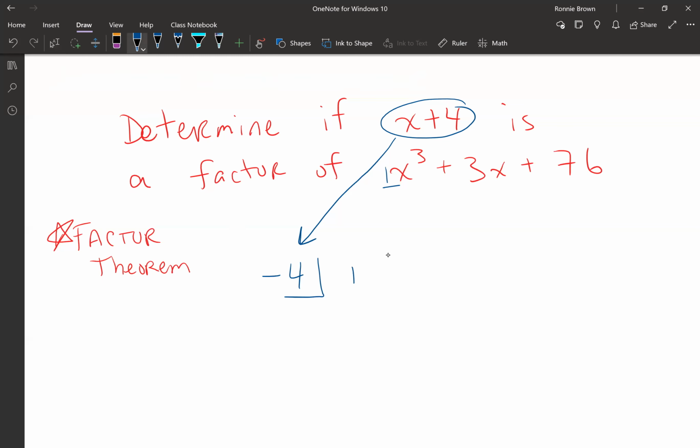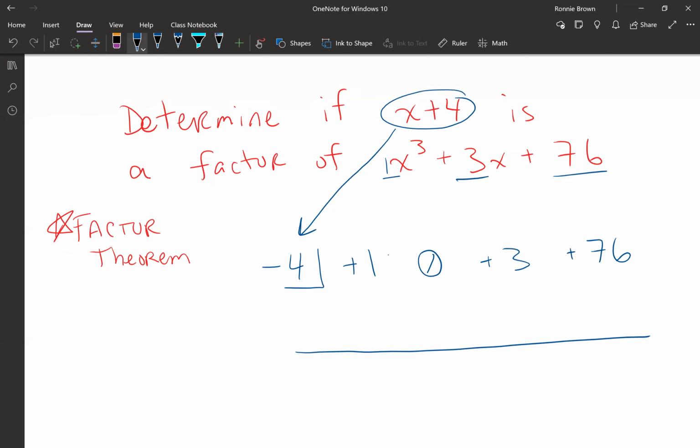Well, we know there's an invisible 1 there. I don't see an x to the second term, so I have to use a placeholder of 0. I do see x to the first, so I'll use that +3. And then I see the constant, which comes after the variable term, of 76. Now I'll draw the line and do my synthetic division.